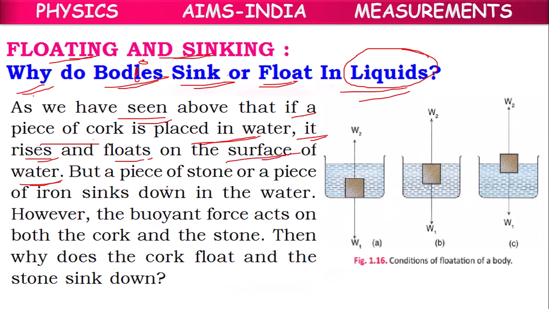Whereas if a piece of stone or iron is kept in water, it sinks down in the water. However, the buoyant force acting on both the cork and the stone is the same. Then why does the cork float and why does the stone or iron sink?